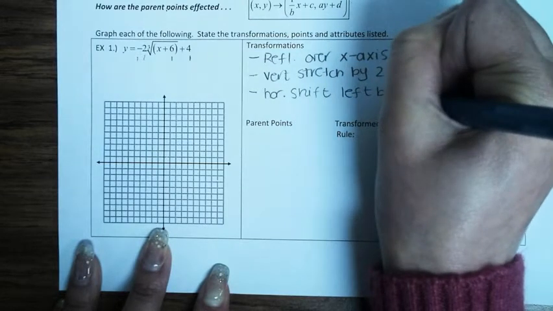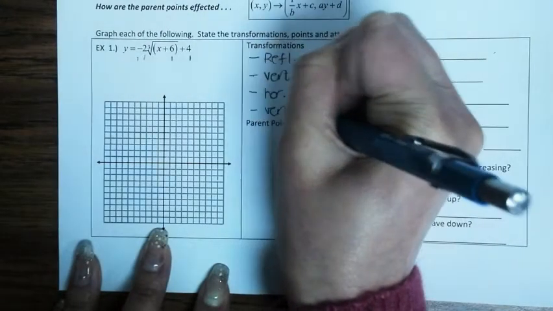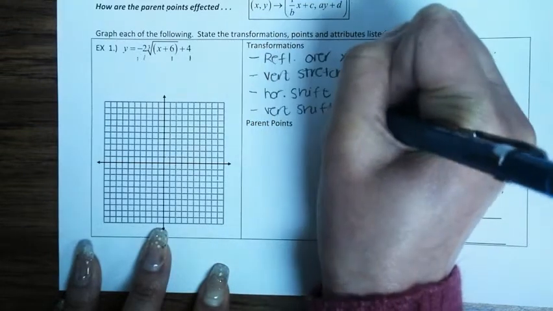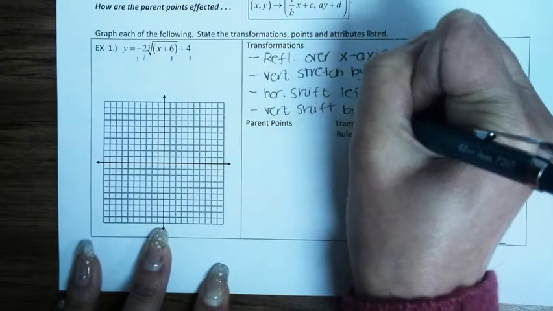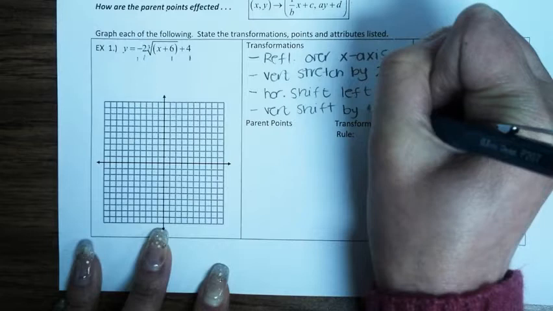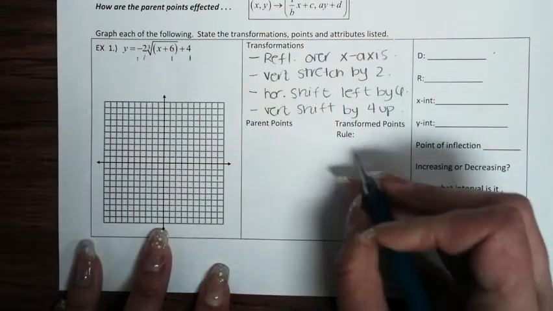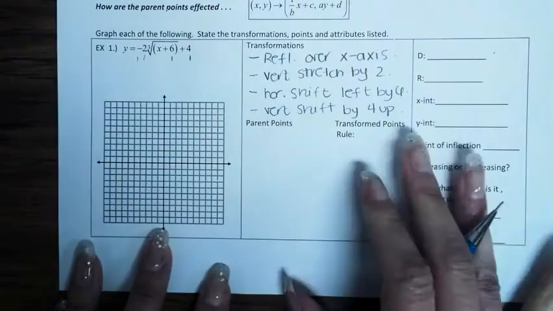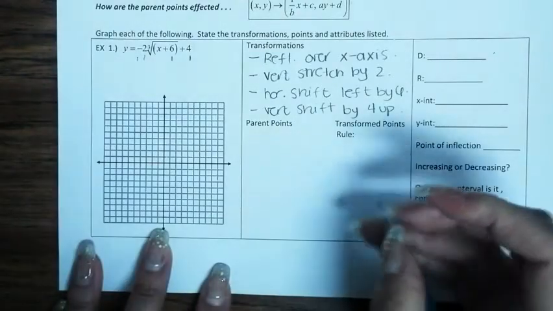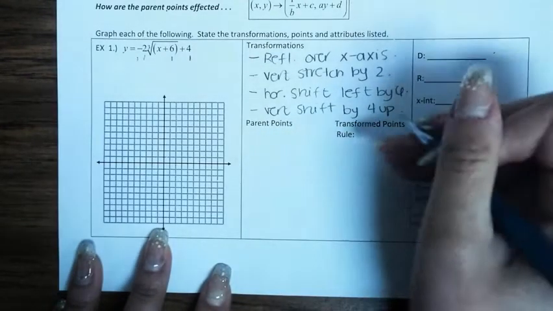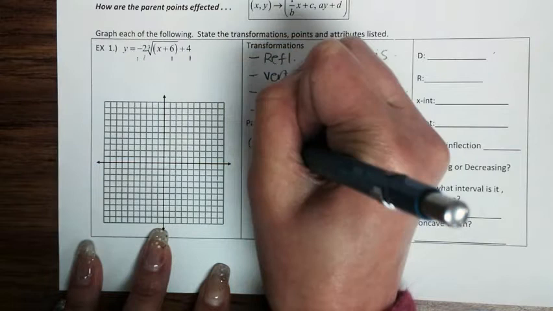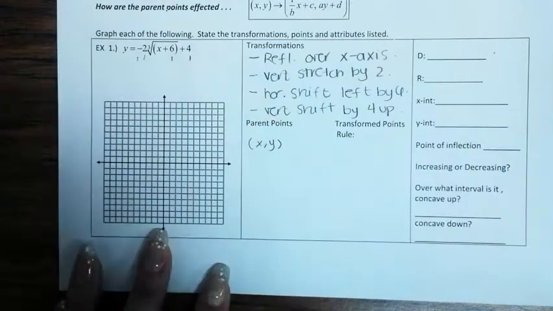And then last but not least, it's a vertical shift by 4 up. So that's for that. So now what are you going to do? Well, your parent points are going to be your x, y from the original equation that we had above.